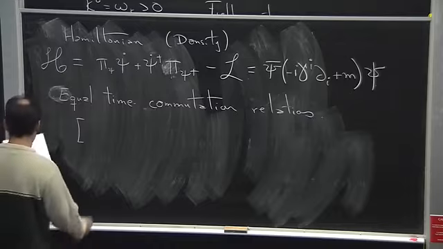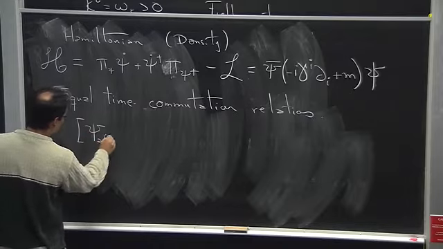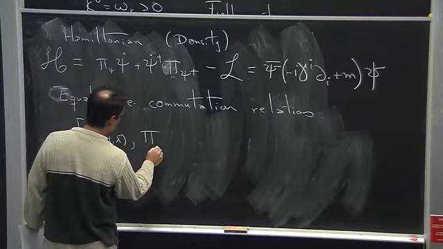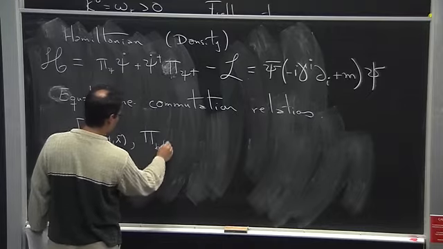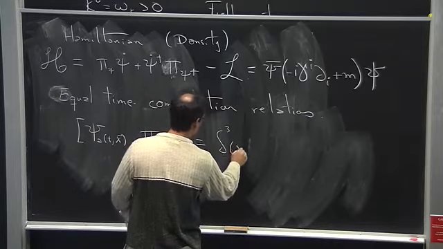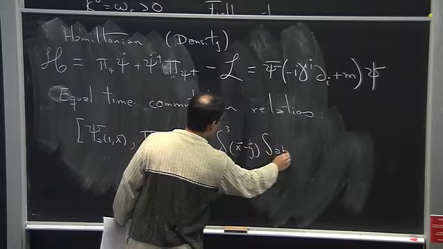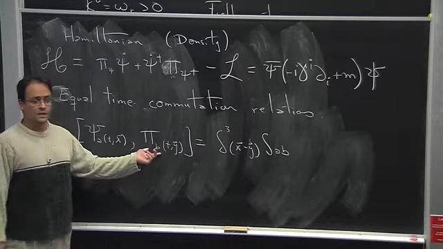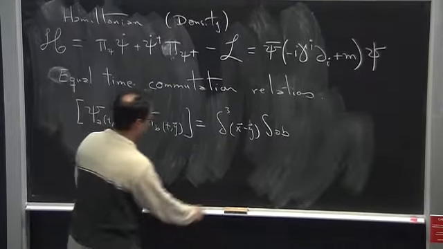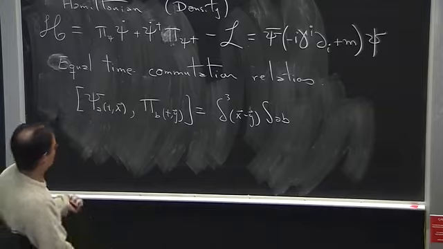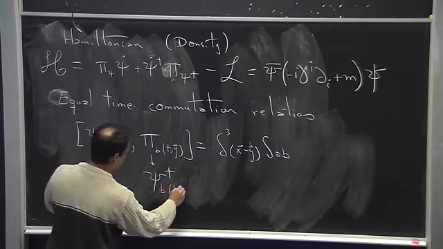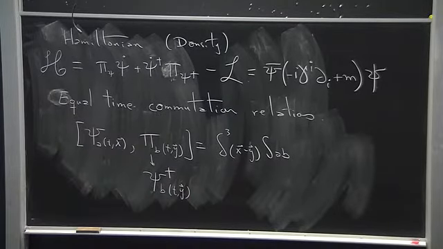If we take psi A with its momentum conjugate, let's call it B, we should get something that looks like delta 3 of x minus y, delta AB. But its canonical conjugate momentum was something that we computed over there, and is basically given by psi dagger. Okay?